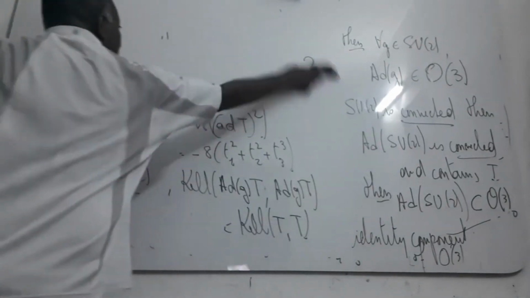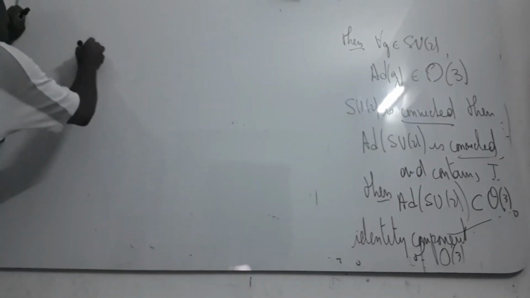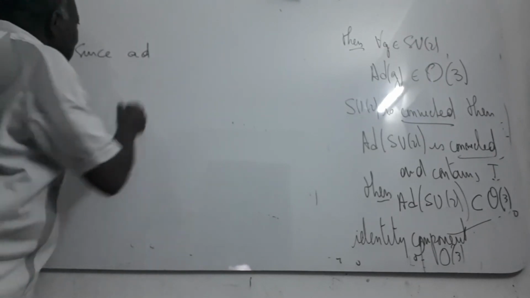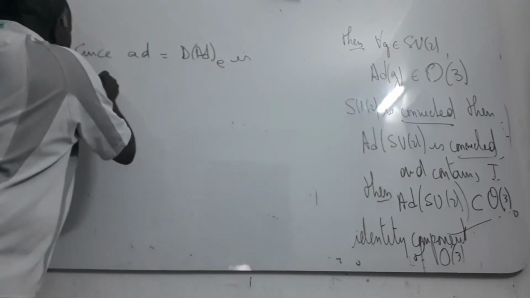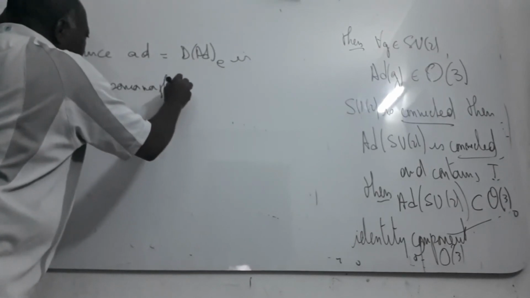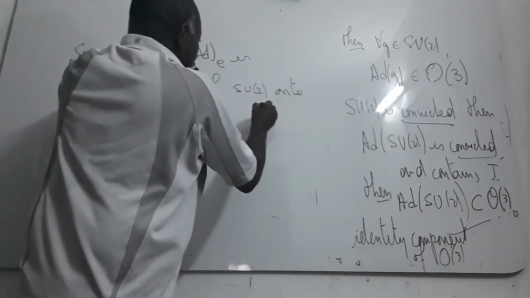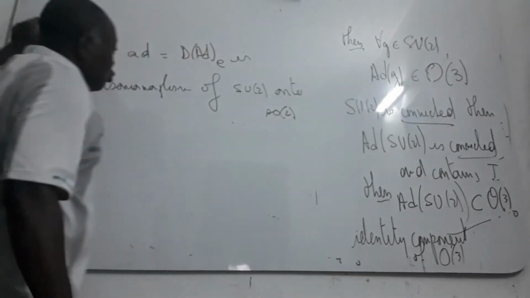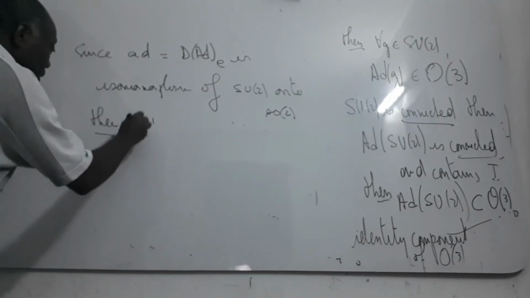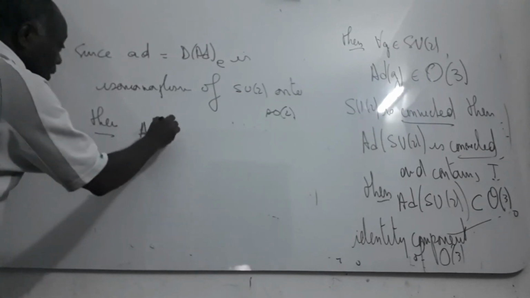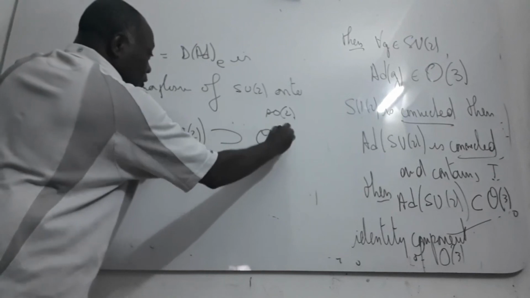Now, since the derivative of the adjoint at E is an isomorphism of the Lie algebra of SU2 onto that of SO3, the adjoint of this group SU2 will contain the identity component of O3.